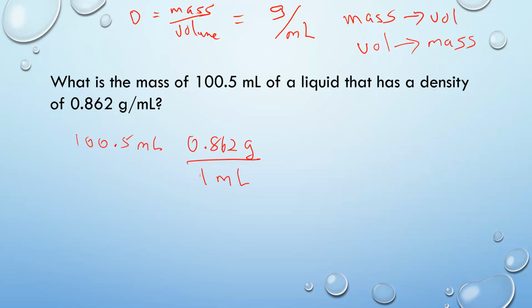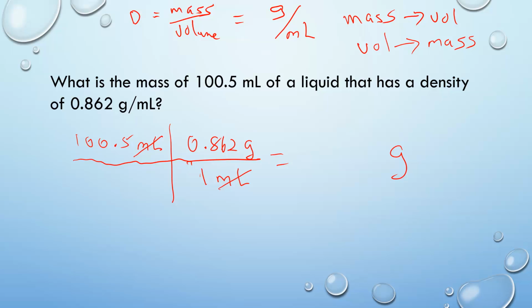By writing that down side by side, if we were to take these two terms and multiply them together, like we would in a dimensional analysis problem, our milliliters over milliliters automatically cancel, and we're left with units of grams, which is what we're solving for.